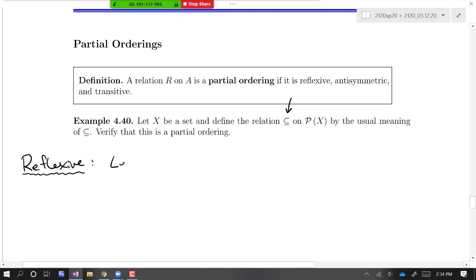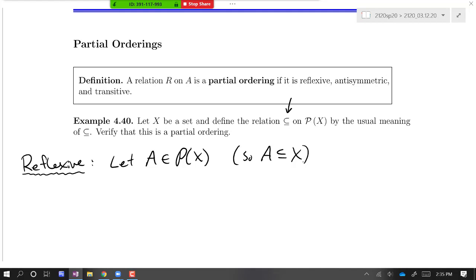So let the set A be an element of the power set of X. If you're an element of the power set, that means that you're a subset of X. We want to show that A is related to itself. This is, I'm just going to say it, obviously true.